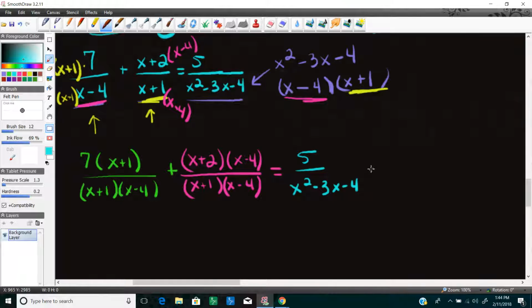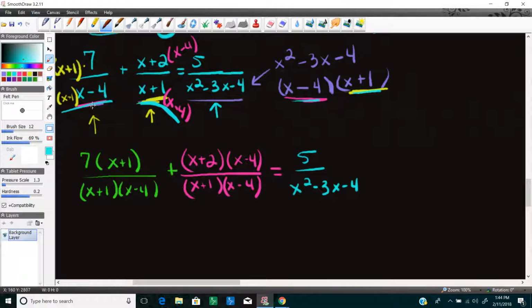Okay, so let me just really quickly go back and show you what I did here again. I'm trying to find common denominators, so this thing and this thing right here are now equal to this one because this trinomial factors out to x minus 4 and x plus 1, and since each of these already has one of them, we just have to multiply by the other one to make them equal.